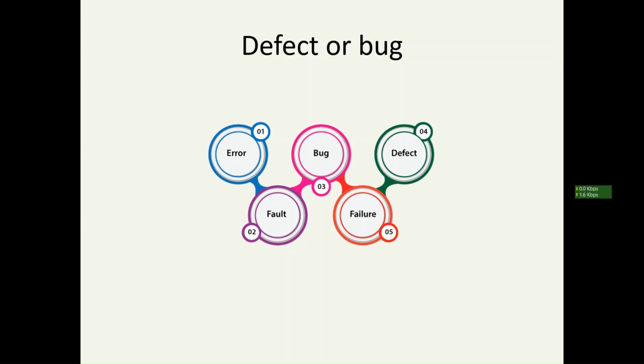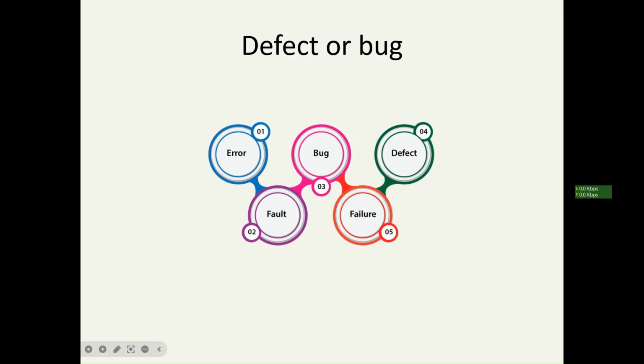So in testing terms, we won't call it an error or fault, we call it a bug or a defect. They call it a bug life cycle or a defect life cycle. Both are the same, no need to be confused.